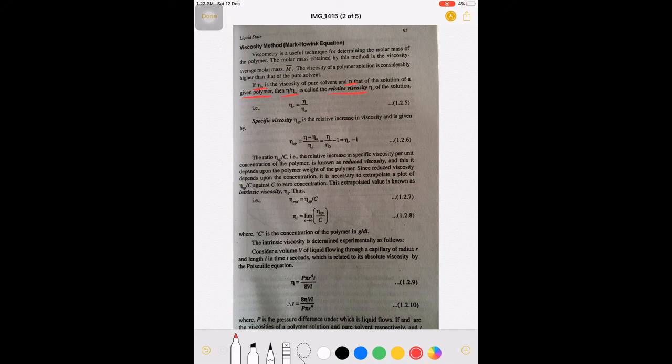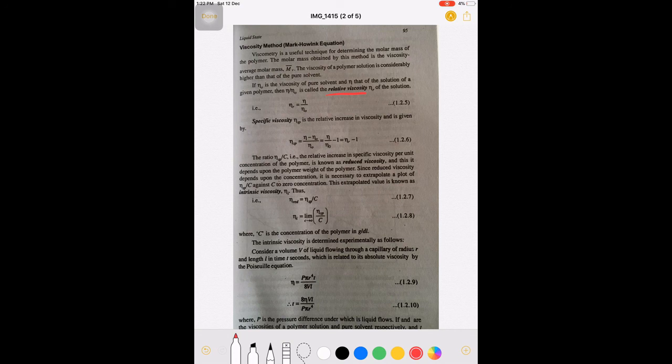So relative viscosity eta r is equal to eta upon eta 0, where eta is the viscosity of the polymer solution and eta 0 is the viscosity of the pure solvent. So we have known the relative viscosity by the term eta r.